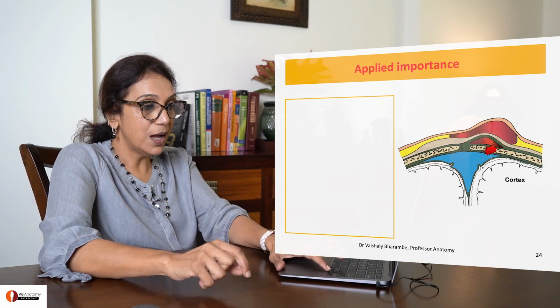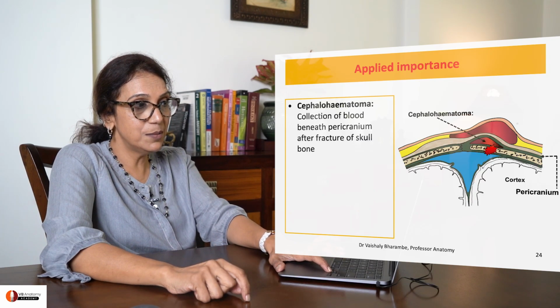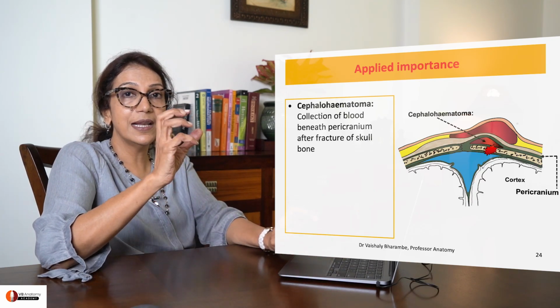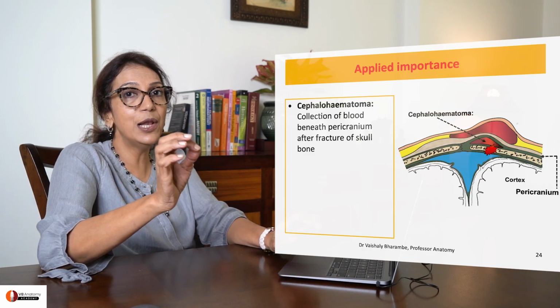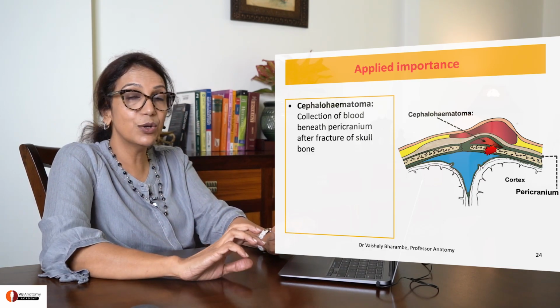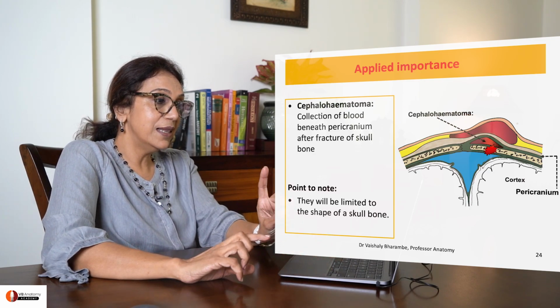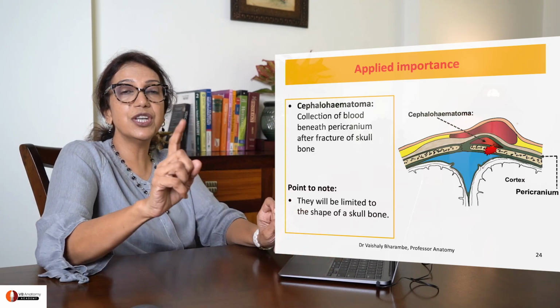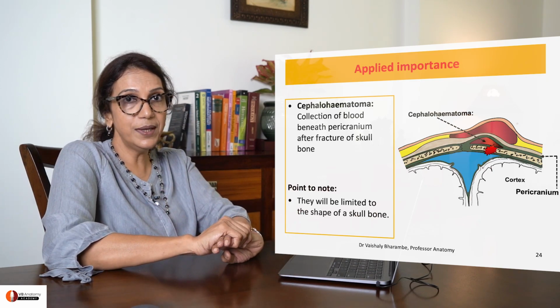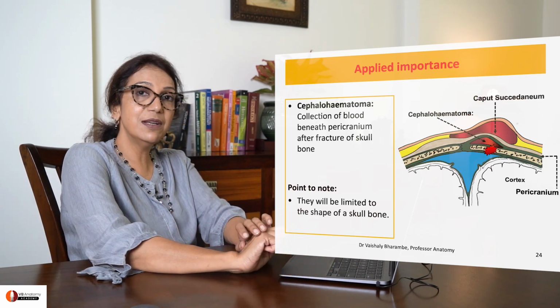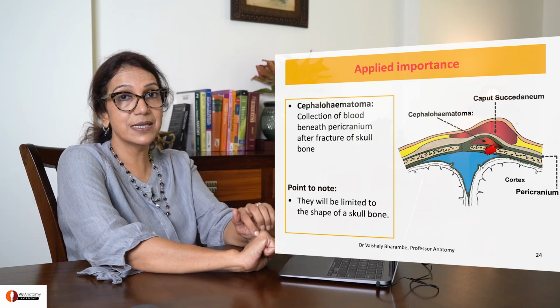So now, above, this is your pericranium. This swelling, a collection of blood, is called cephalohematoma. What is it called? Please say it once. Cephalohematoma. This swelling will be limited to the shape of the skull bone. Above this, now you're seeing one more swelling, that is the Caput succedaneum.